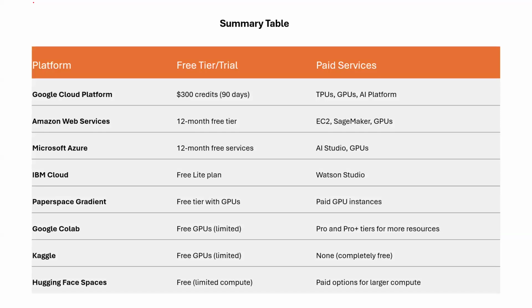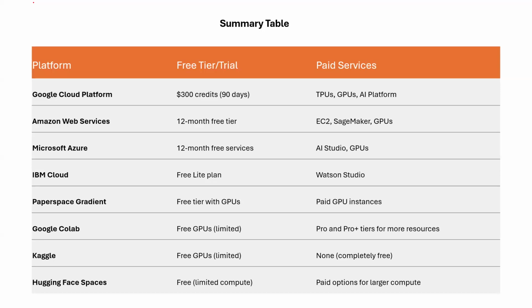So this is the overall summary table. What are all the AI platforms, the cloud platforms we have, which is a paid service and which is free tier. We can see all the things in a single table. Google Cloud Platform: if it is free, 300 credits should be credited, and if it is paid, TPUs and GPUs will be given.